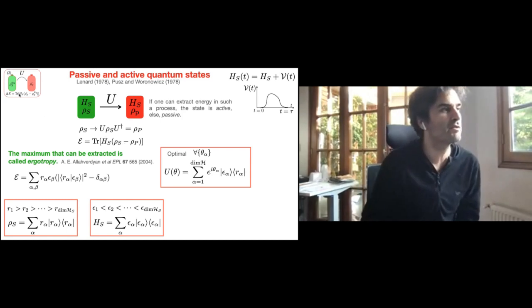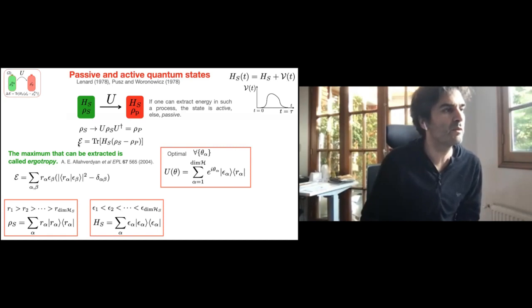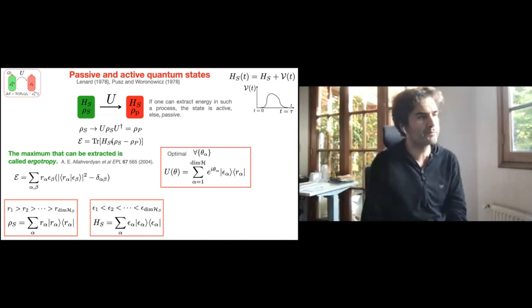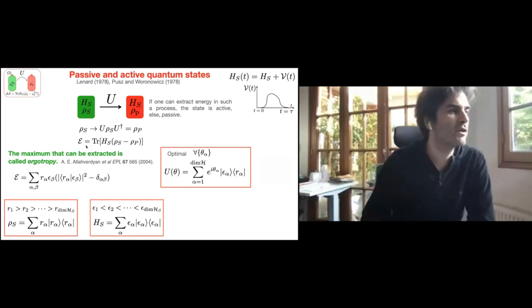So if delta E is the energy change of the system, the energy that we can extract is minus delta E. This quantity is called ergotropy when we look for the unitary process that gives the optimal energy decrease, the one that maximizes the extracted energy.